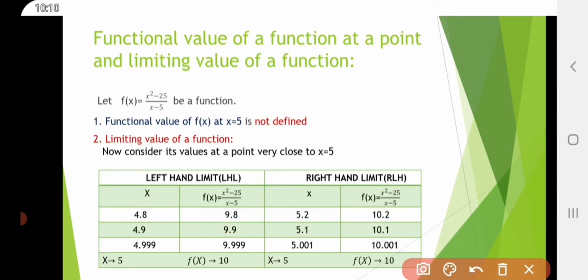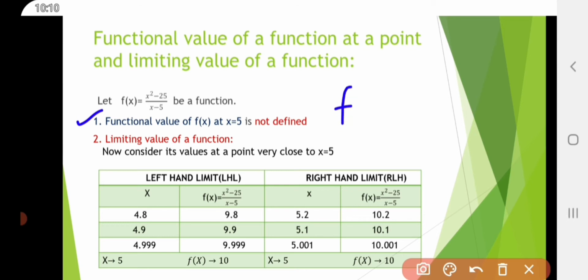Now we take another example. Let f of x equal to x square minus 25 whole divided by x minus 5 be a function. Now you find the functional value of f of x at x equal to 5.